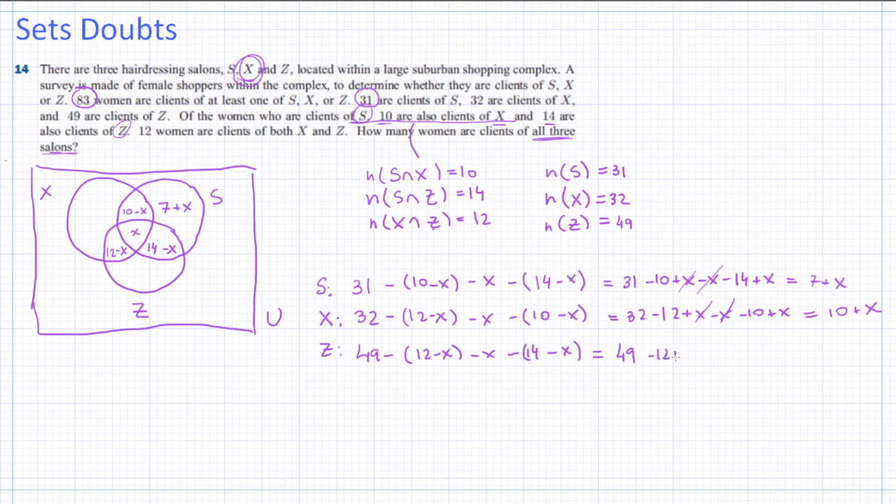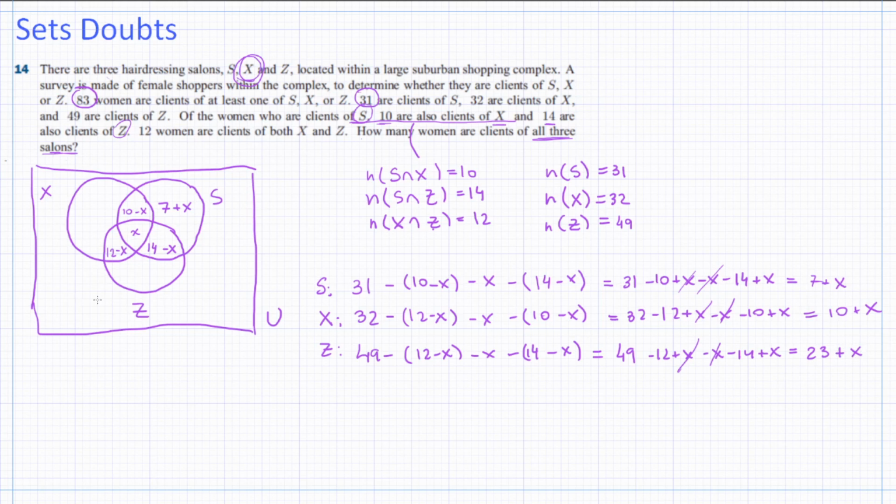Minus 12 plus x minus 14 plus x. So we can get rid of some x here again, and if we do 49 minus 12 minus 14, we should get 23 plus x.